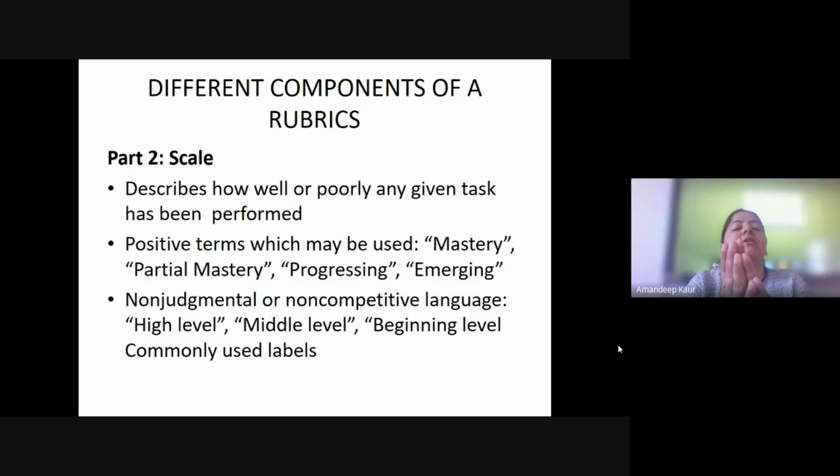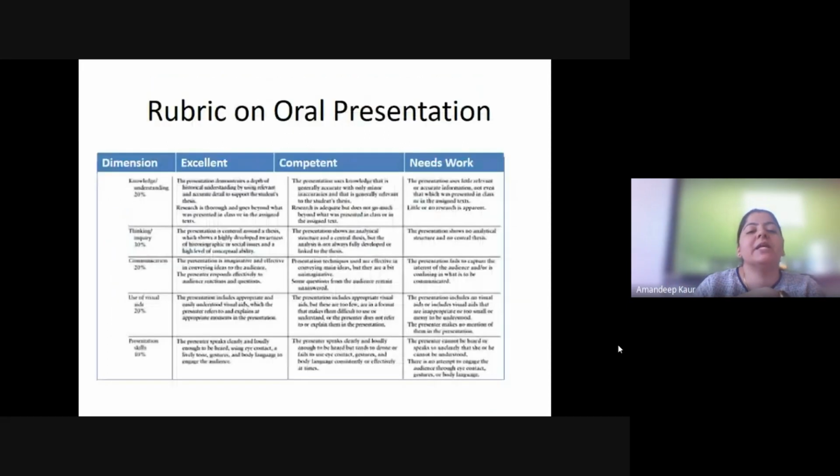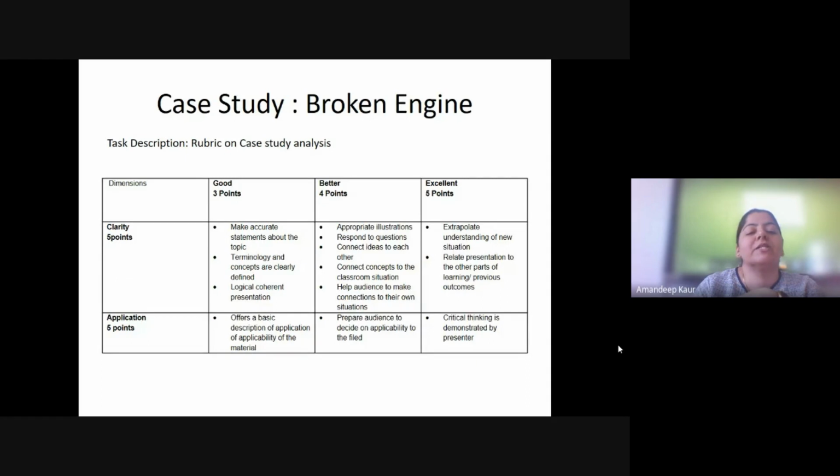As per the level of the student, we can change the nature of the scale. When I'm defining excellence level for my third semester student, that description varies compared to the excellence level of my seventh semester student. So we need to be fair. As per the level of the student, we need to give descriptions to the different dimensions.